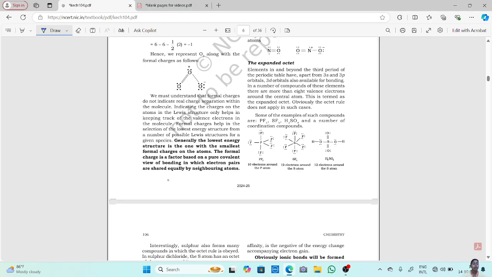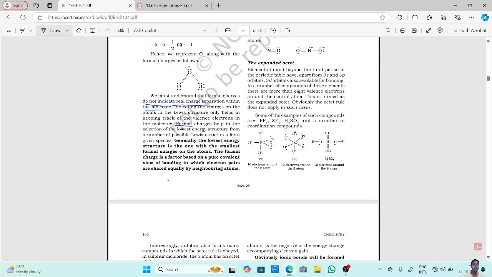Now you have to note that formal charges do not indicate the real charge separation within the molecule. This is just an assumption or a simple calculation to understand what charges are present on those atoms. Formal charges help in the selection of the lowest energy structure from a number of possible Lewis structures for a given species.